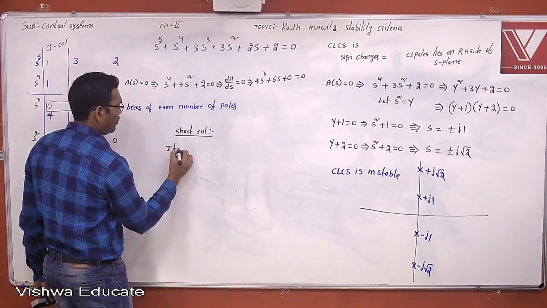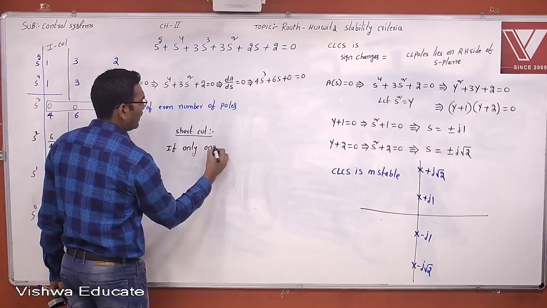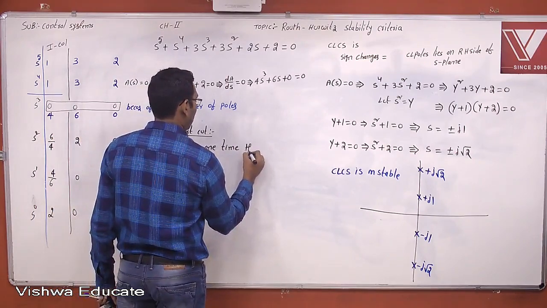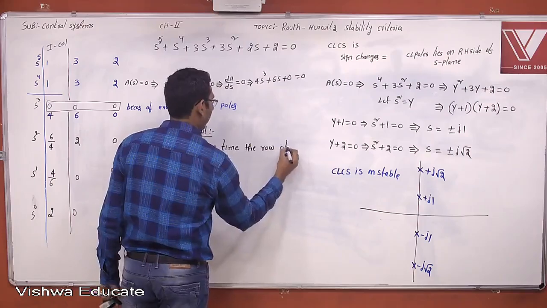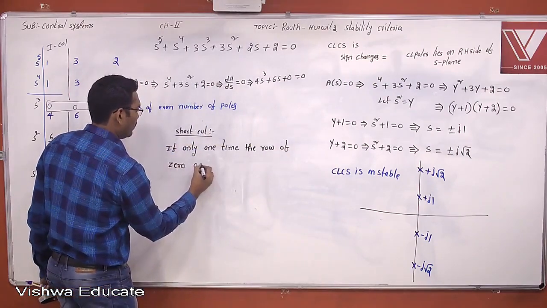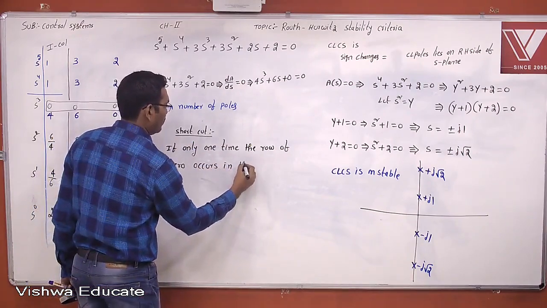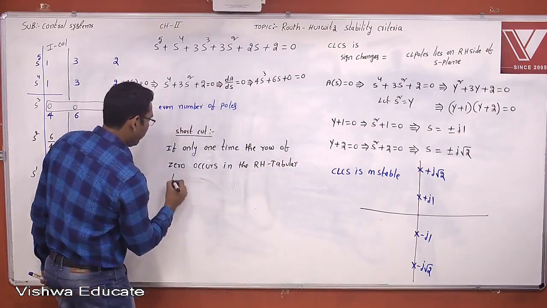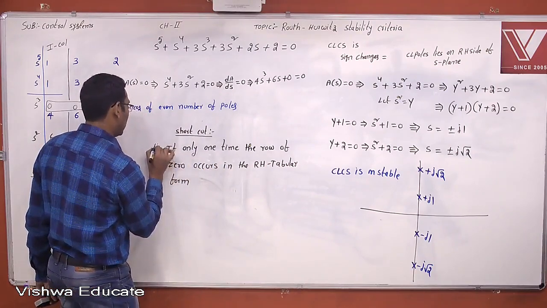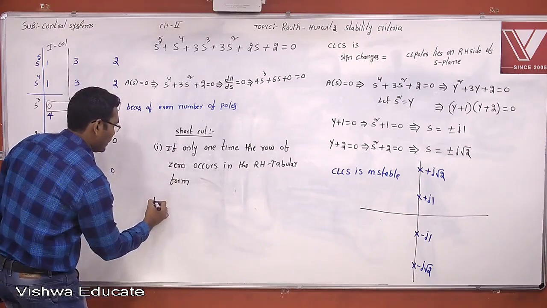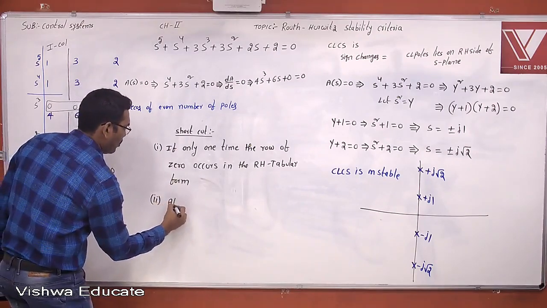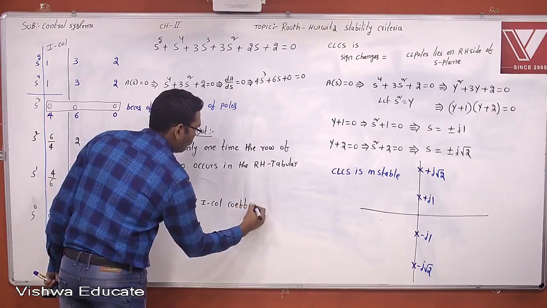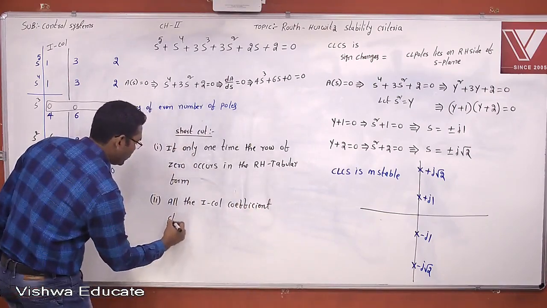If only one time the row of zeros occurs in the RH tabular form, and second, all the first column quotients should be positive.